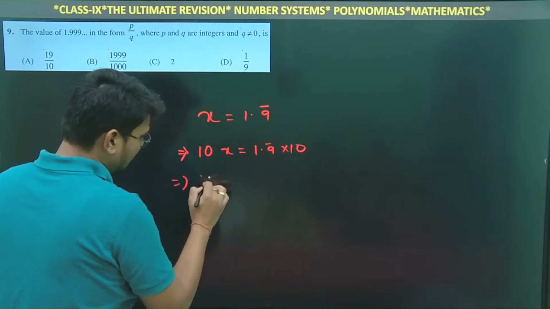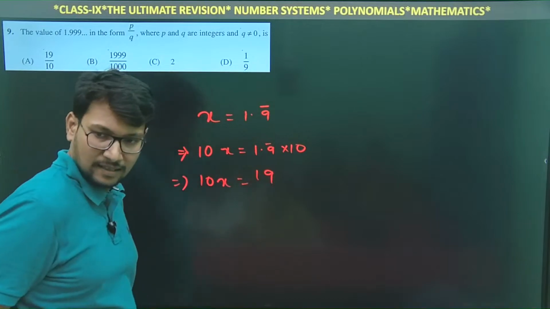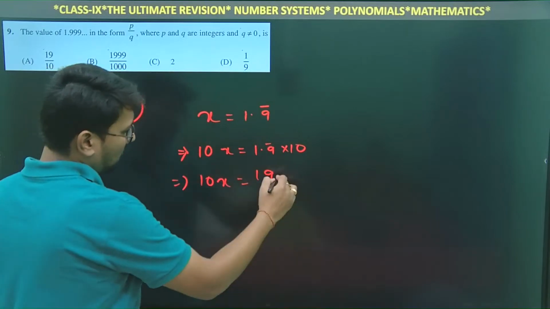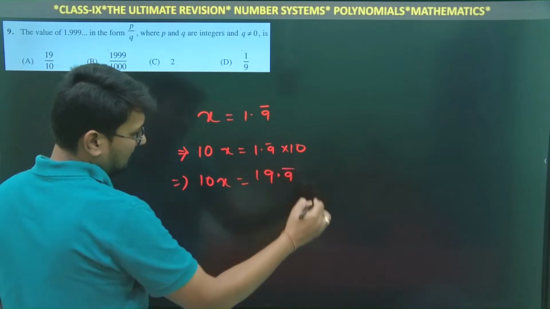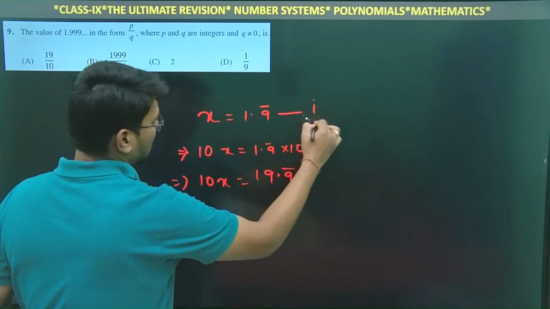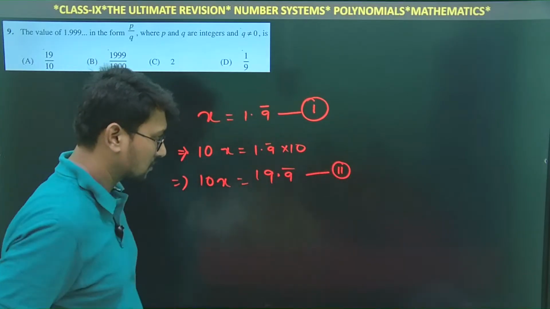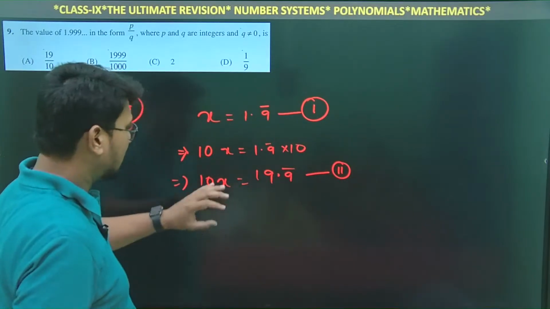So that is 10x equals 19.9 bar. Is that clear? So this is equation number 1. This is equation number 2. Got it? Let us subtract.